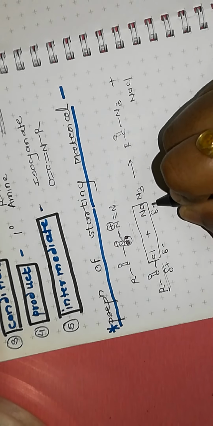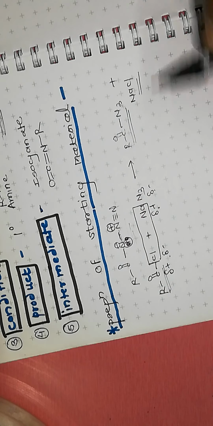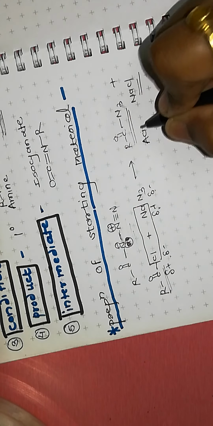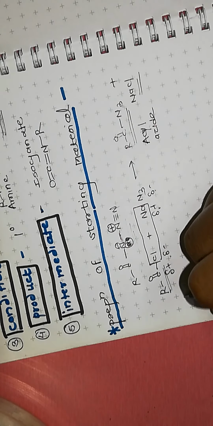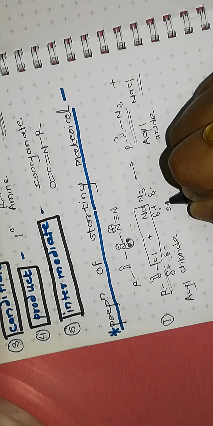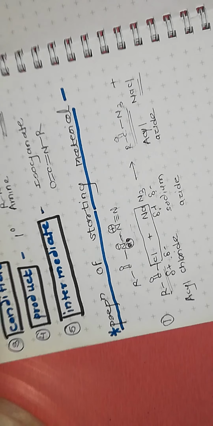The charge on sodium is positive, the charge on nitrogen is negative. Therefore this positive part combines with this negative part, and we get the byproduct and the product. From acyl chloride we get acyl azide. This is the sodium azide.